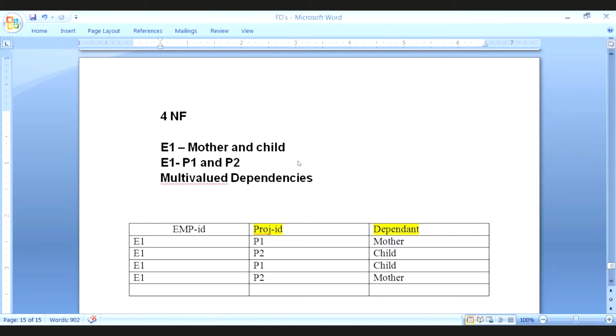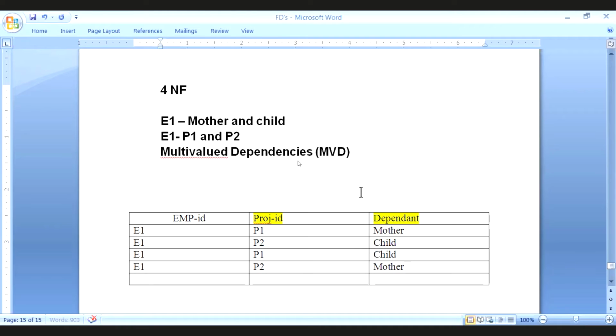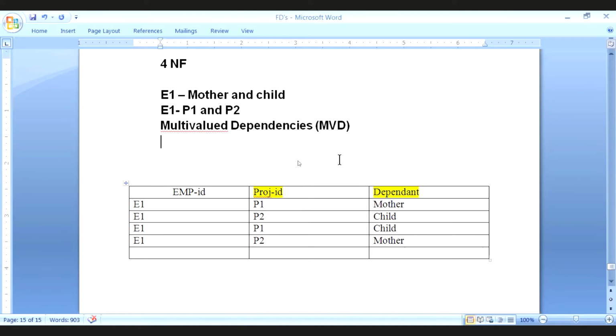Multi-valued dependency, the short form is MVD. So when I come to 4NF, we no more talk about FDs. Actually, MVDs are also FDs, but here instead of FDs, we will say MVDs. And how do I denote an MVD?